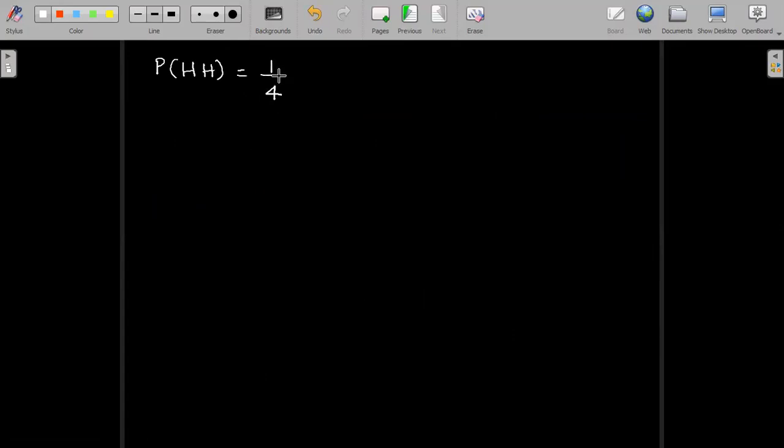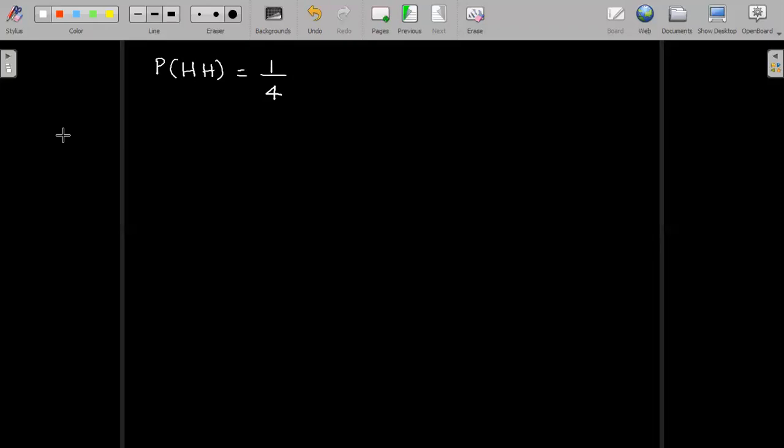The favorable outcome is 1, because I am looking at just one outcome, HH, and the total possible outcomes can always be taken from the sample space.